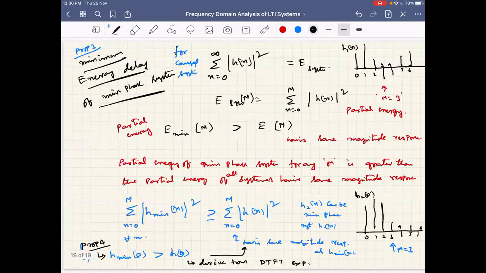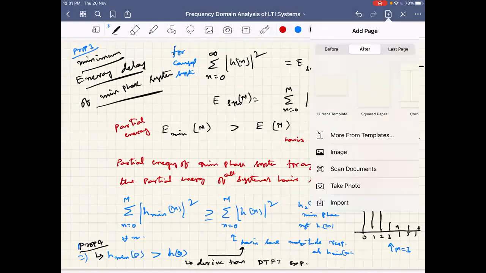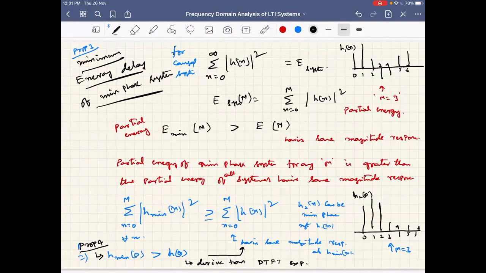You can see that for any system you can find the all-pass minimum phase decomposition, and the minimum phase system corresponding to that decomposition gives exactly the same magnitude response as the original system. It has the properties of causal stable inverse, minimum group delay, minimum phase lag, minimum energy delay, and maximum sample at the 0th location of its impulse response.